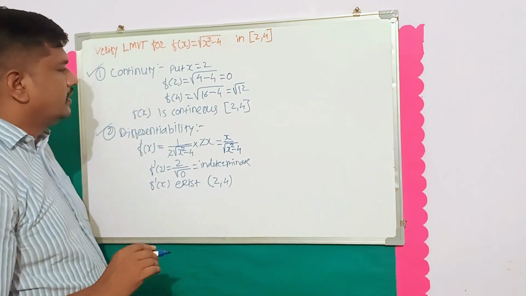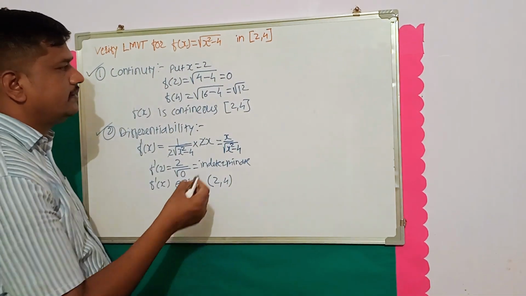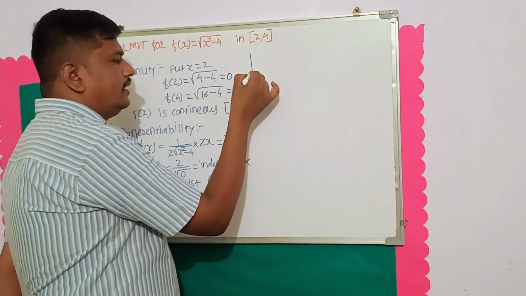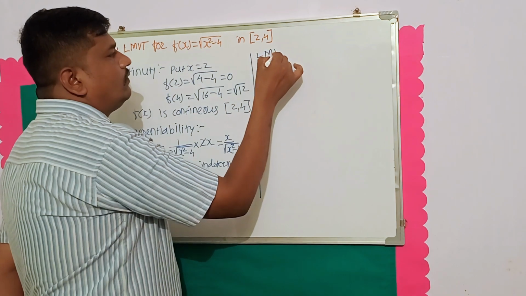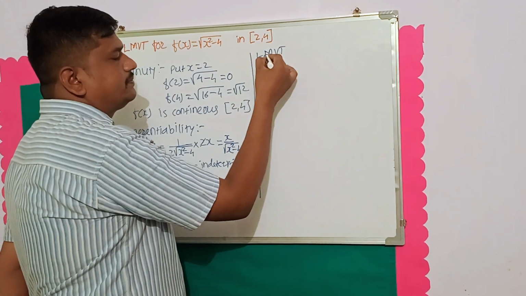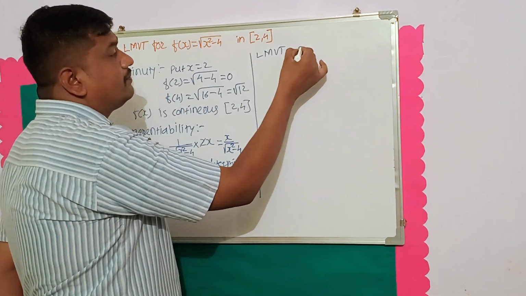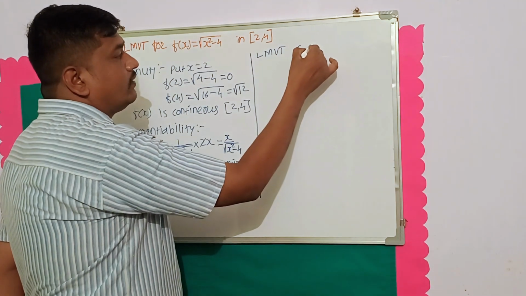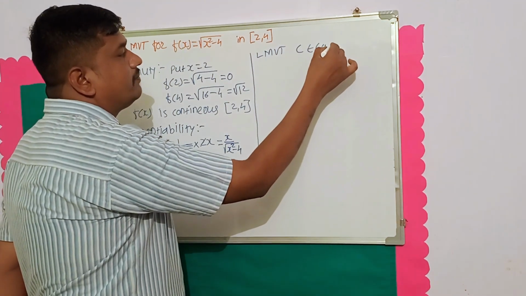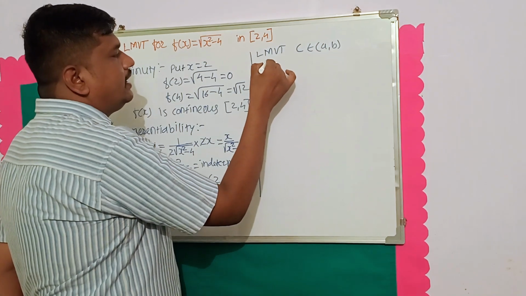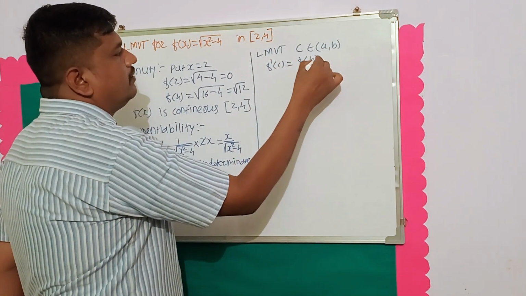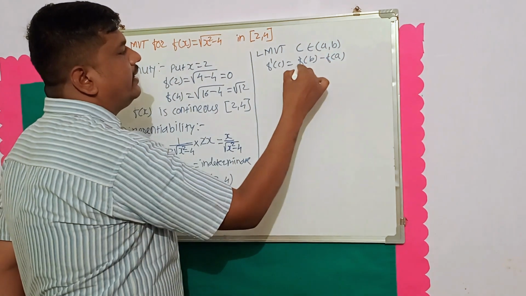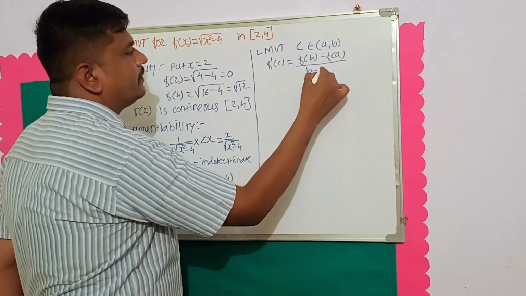If these two conditions are satisfied, then as per Lagrange's mean value theorem, there must exist some c which belongs between a comma b, such that f dash of c is equal to f of b minus f of a divided by b minus a.